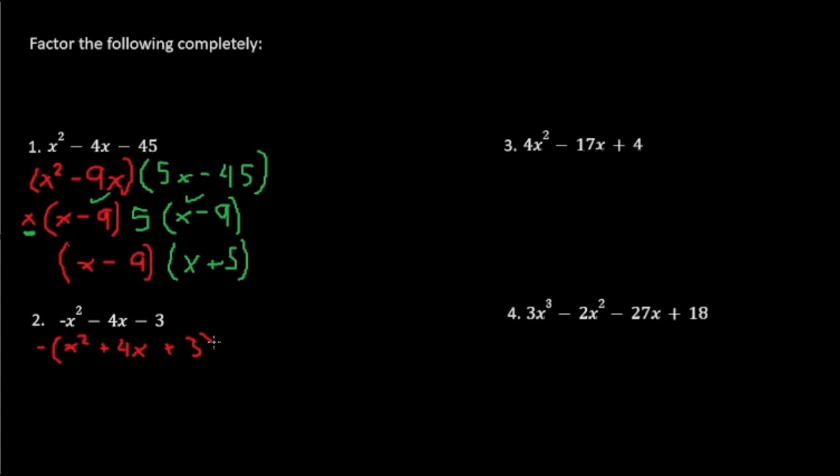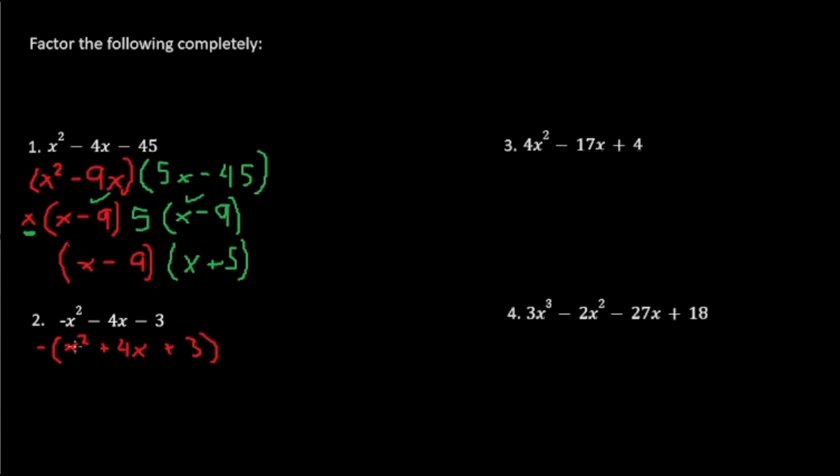So negative 1 here, every time we see a quadratic or a cubic, we always want to take out the GCF, the greatest common factor. So the biggest number that all of these numbers can give out to simplify it. So now it's a bit easier to keep track of our quadratic here.